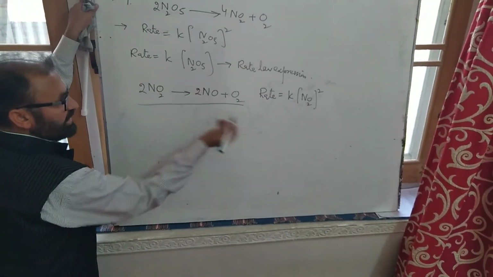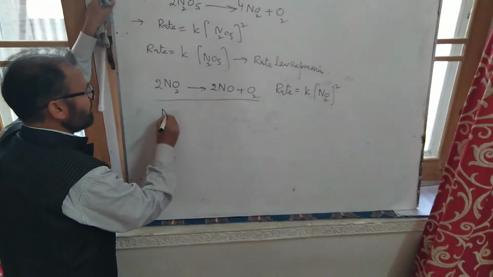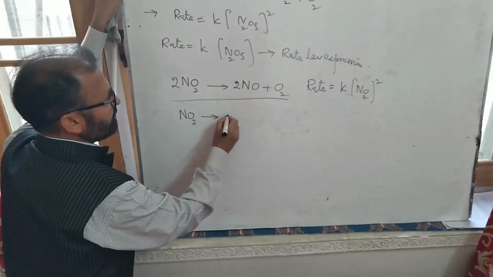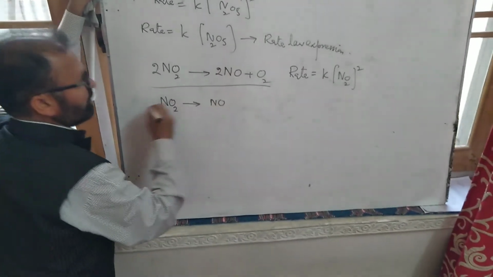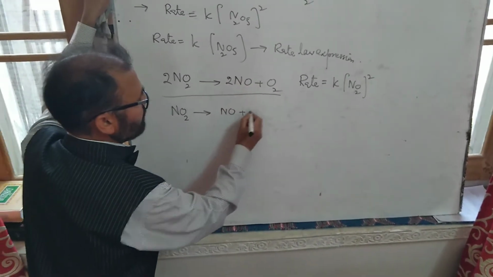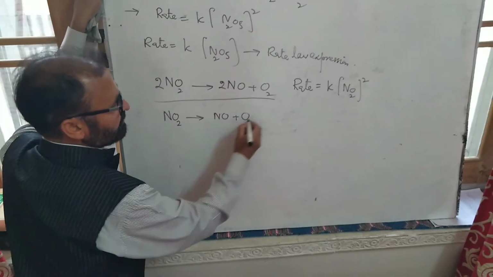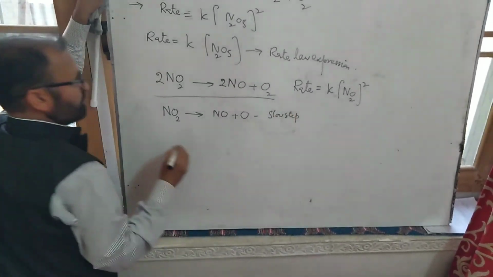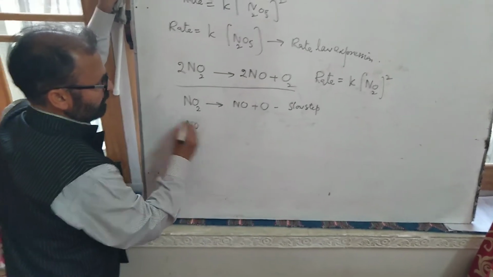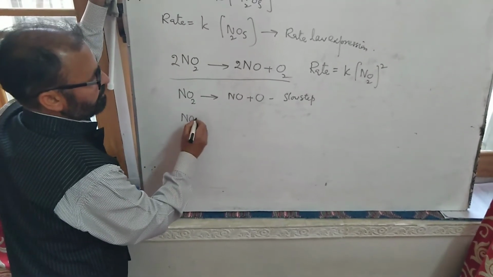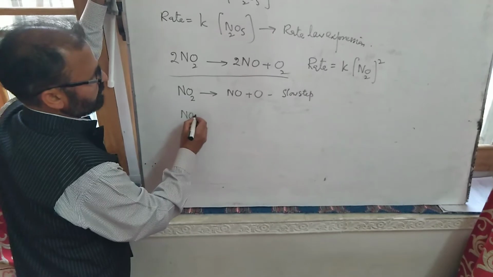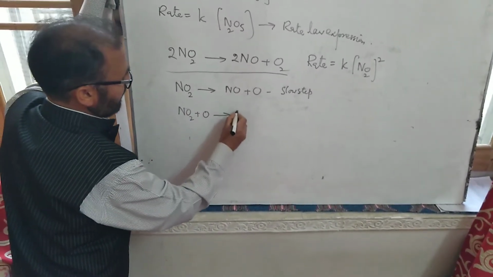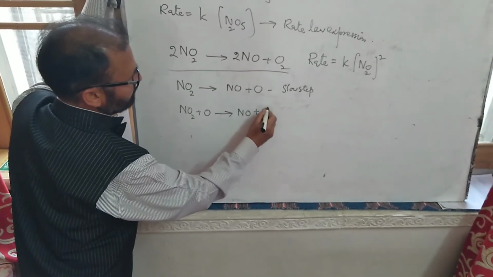I will write the mechanism of this reaction. For example, NO2 gives NO plus O. This is the slow step. Again, second, NO2 plus O gives NO plus O2.